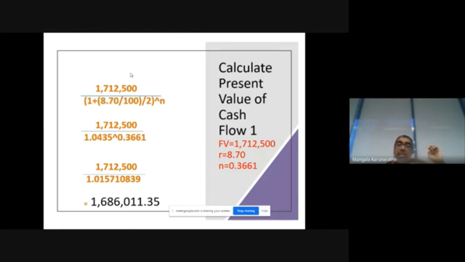So here I divide it by 100 to make it decimal, and then divide it by 2 to adjust it for the 6 month period, and you get n here, to the power n. That means n periods, and it has to come from the future, right?